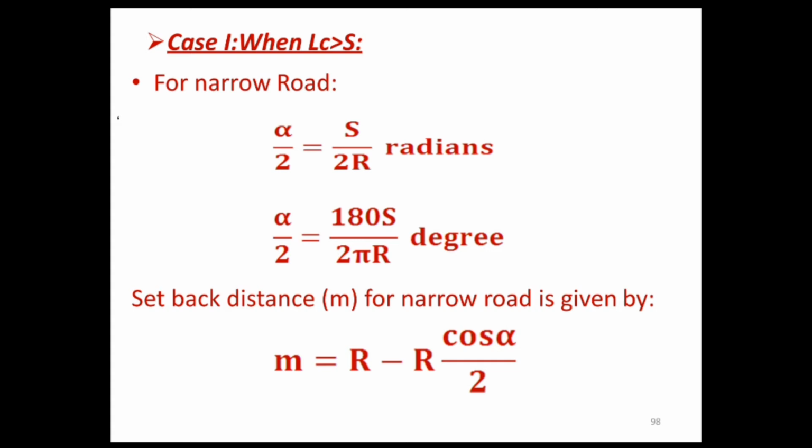Therefore, the half central angle will be given as alpha by 2, which equals S upon 2R in radians, that equals 180 S upon 2 pi R in degrees. And the distance from the obstruction to the center is R cos alpha by 2. Therefore, the setback distance M required for the center line is given by M equals R minus R into cos alpha by 2.